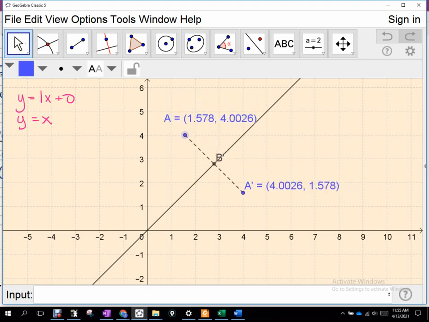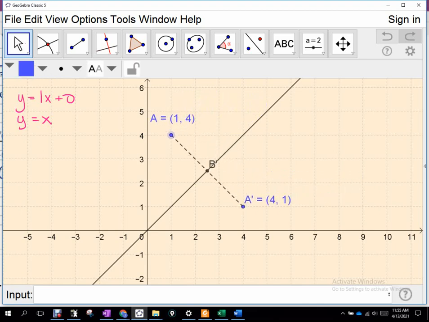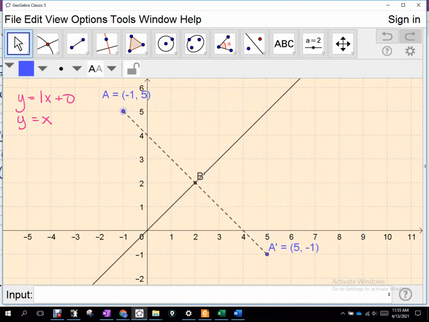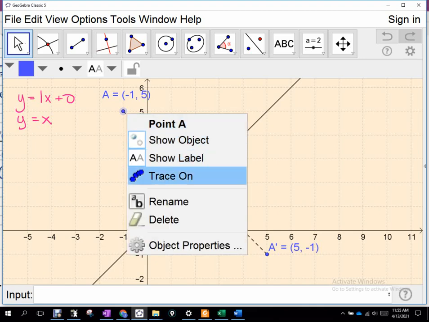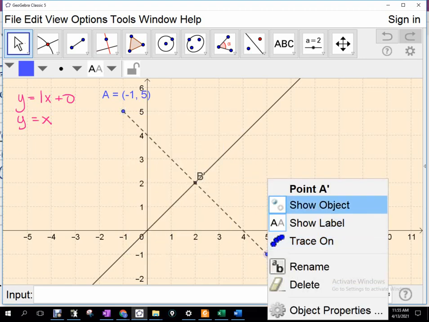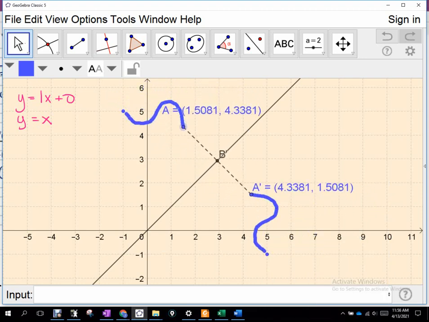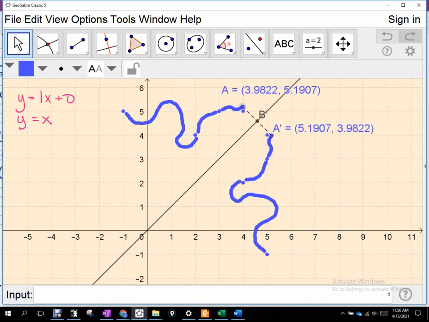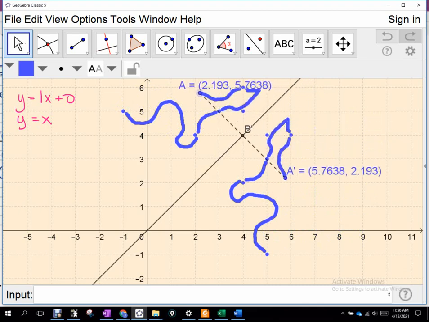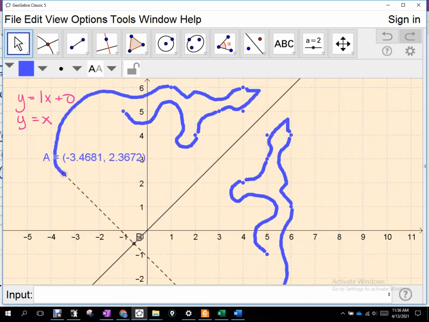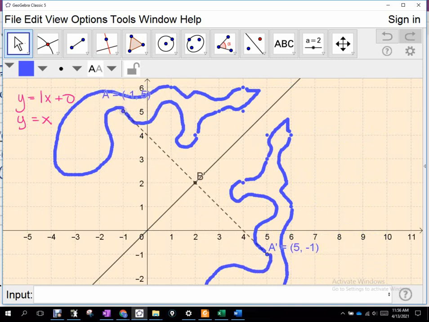Now, look at how (5, 2) and (2, 5) relate to each other. Let's move this point to there: (1, 4), (4, 1); (-1, 5), (5, -1), right? And if I trace this as I move it around, am I creating a reflection across that line?